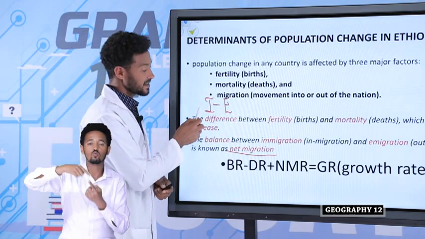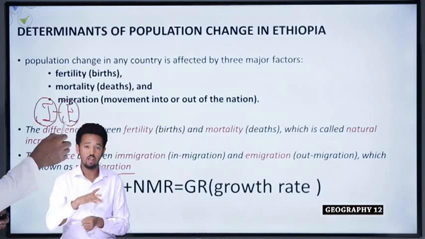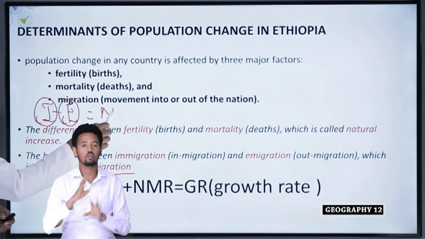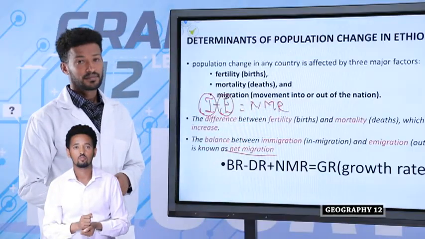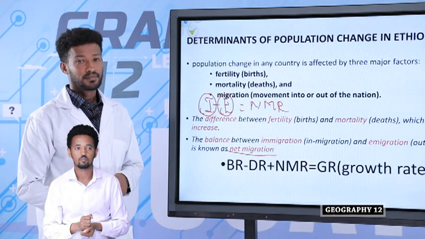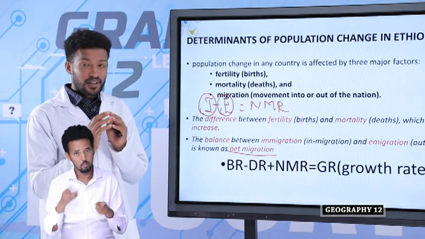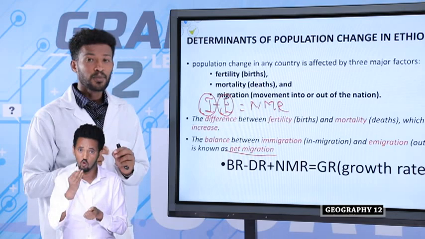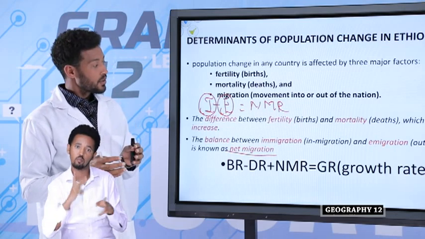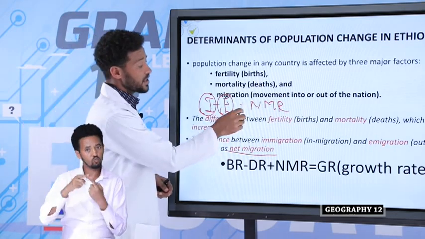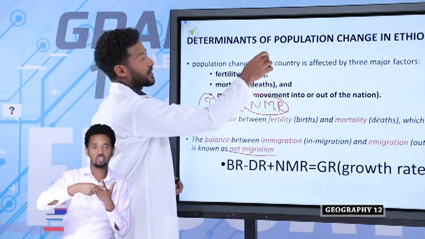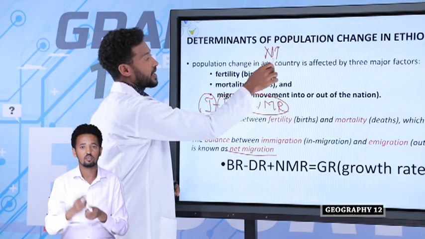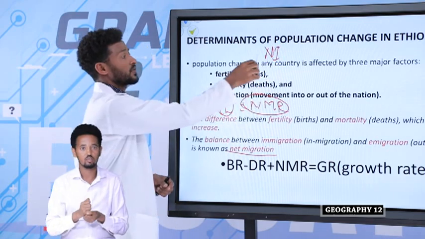If you subtract letter E from letter I, you will get the net migration rate. But if you want to see the change of one country's population, you need information about the net migration rate and the natural increase.